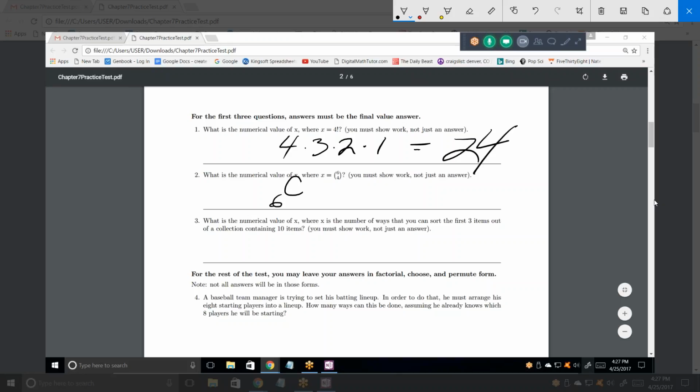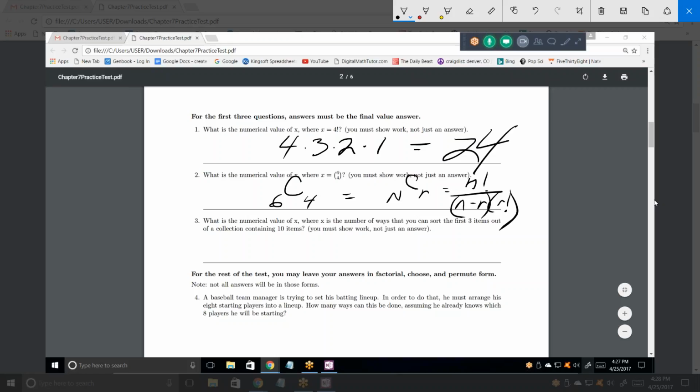6 choose 4. So what's that? First of all, what does N choose R mean? It means N factorial divided by, because what we're going to do is substitute the two numbers that we have.